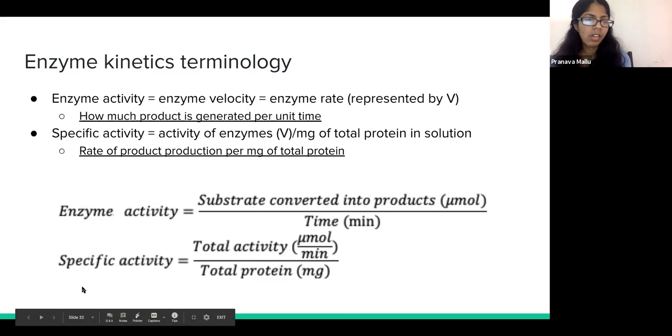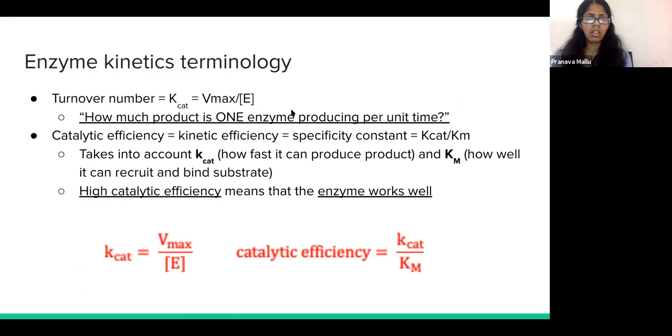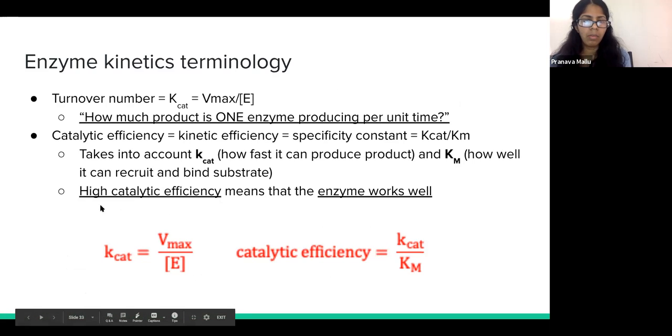Okay, thank you. All right, moving on. So these are just two other terminologies that come up pretty frequently. You have turnover number, which is denoted by the symbol KCAT, and the CAT stands for catalytic, I think. And the formula for this, on the bottom left-hand corner, is the Vmax divided by your concentration of enzyme. So your Vmax is the rate at which you're producing product.